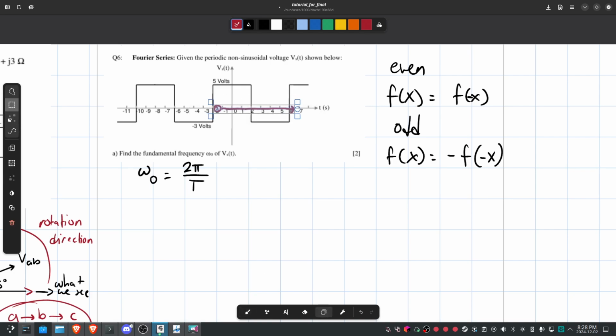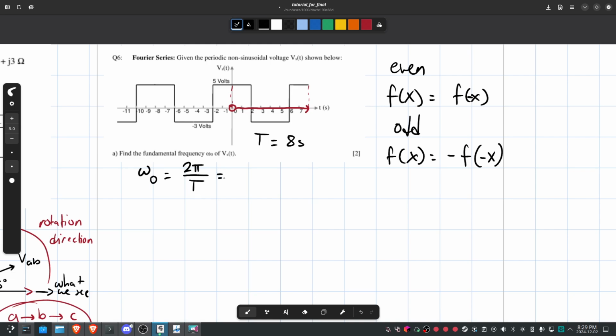Now we take this and move it forward so it matches the 0 line. Or you could just skip that and figure out that it repeats at 8. You do you. So the period here is going to be 8 seconds. T is equal to 8 seconds.